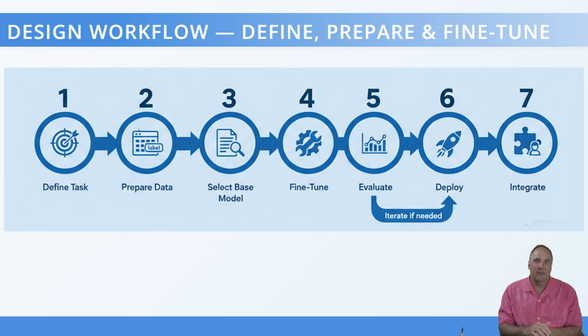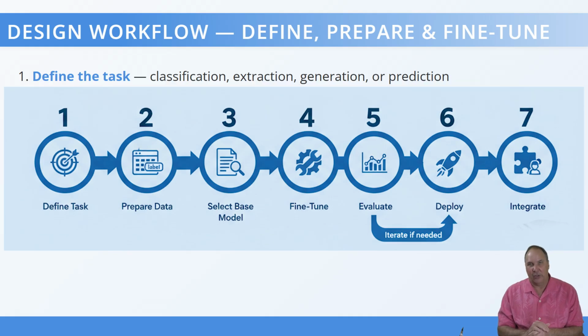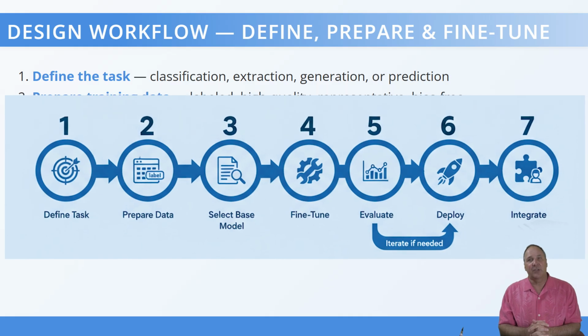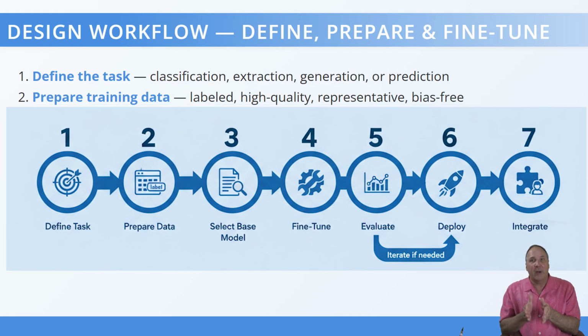Here's the 7-step workflow for designing a custom model. Step 1, define the task. Are you classifying, extracting, generating, or predicting? The task type determines everything downstream from model selection to evaluation metrics. Step 2, prepare your training data. You need labeled examples that are high quality, representative, and free of bias.